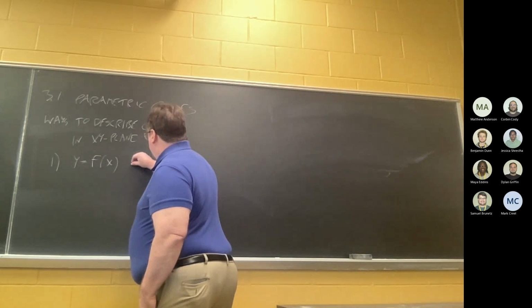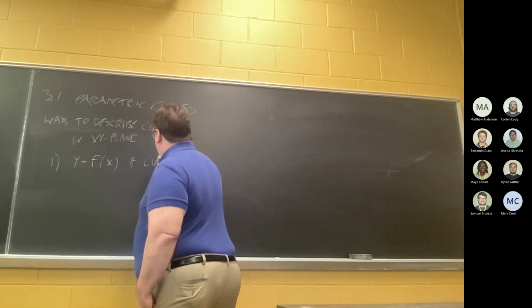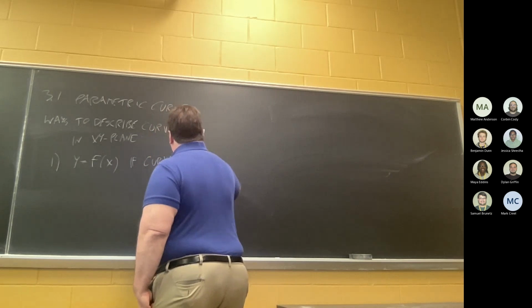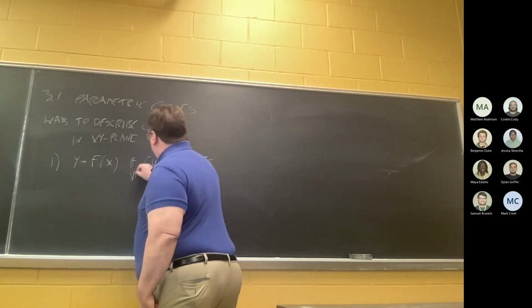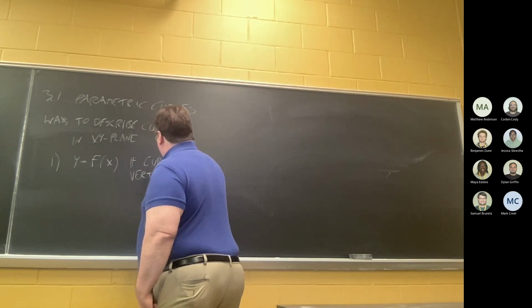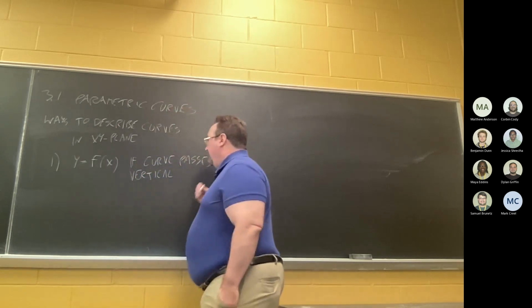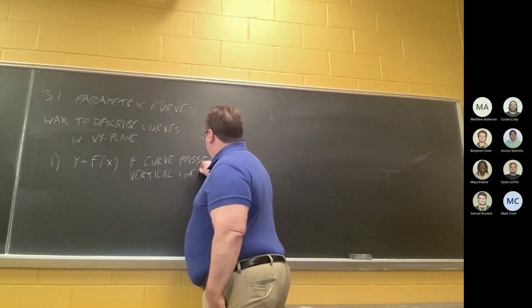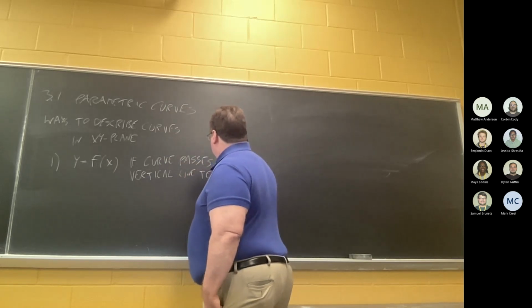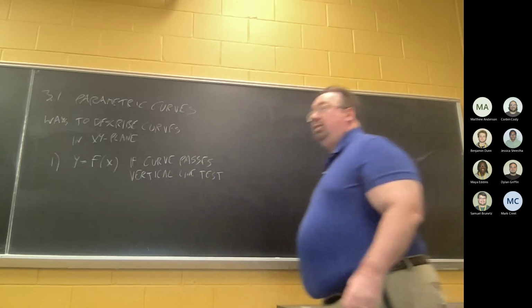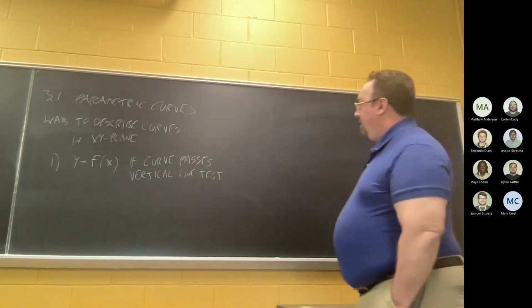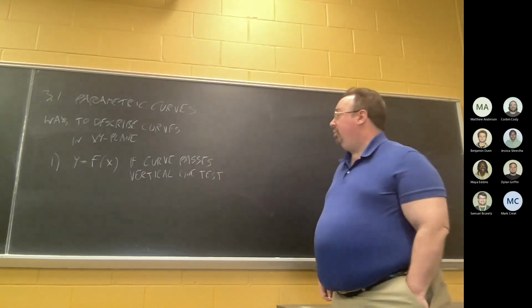This is only helpful if the curve passes what's referred to as the vertical line test, which is necessary for y to be described as a function of x. By vertical line test, I mean if you draw a vertical line through a curve, it can cross it at most one point.